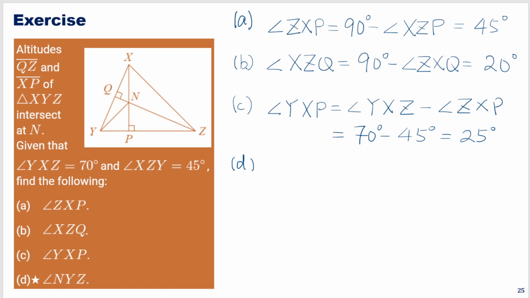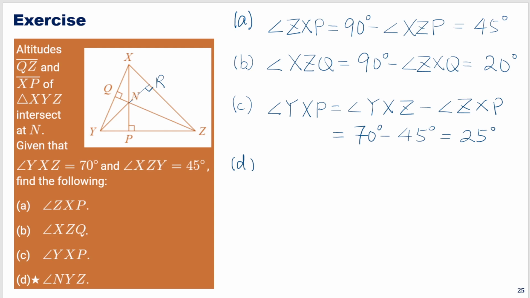Therefore, if you connect YN and actually extend YN to meet XZ at R, then YR is also an altitude on side XZ, right? Because we know the three altitudes will meet at one point N. So YR must be also perpendicular to XZ, right?